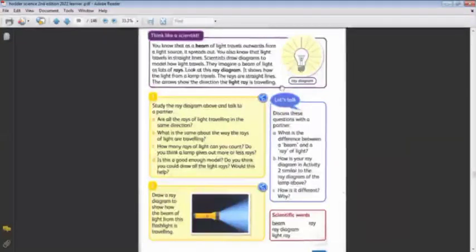Okay, there is another thing: the lamp gives light from all directions. The flashlight is a source of light that has only one direction. It gives light from the forward part only, while the lamp gives light from all directions.